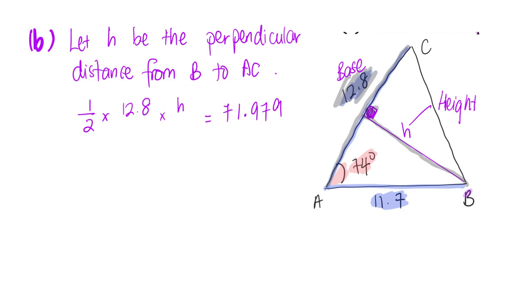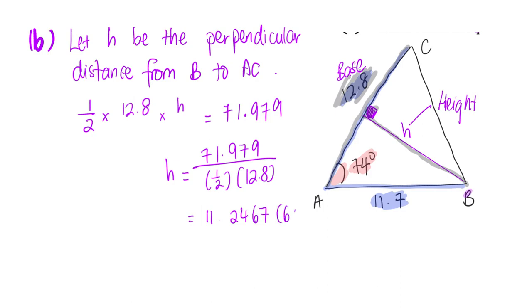Notice Mr. Tan here did not use the 3 significant figures. Rather, I used 5 significant figures for accuracy. And therefore from here I would then be able to get my h, which is simply 71.979 divided by half, divided by 12.8, and I will get my answer as 11.2467 to 6 significant figures.